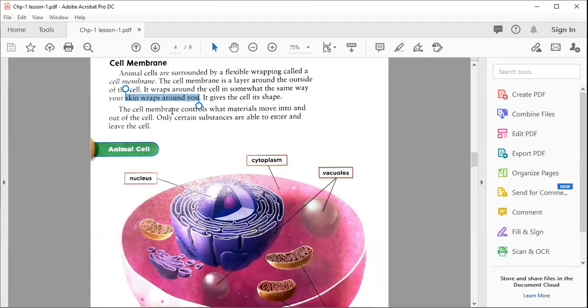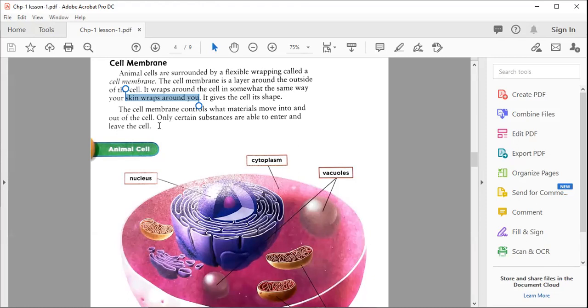The cell membrane controls what materials move into and out of the cell. It is very easy to understand. Think of the main gate or door of your house, the first door from where people enter and leave your home.